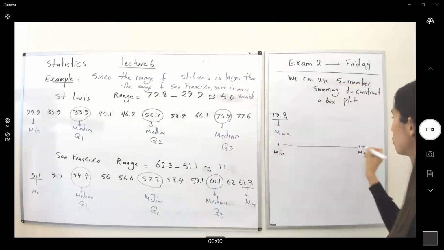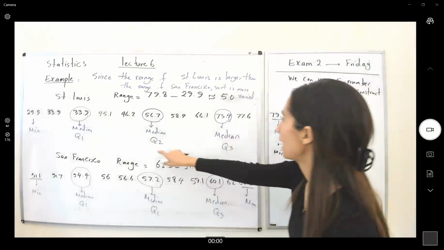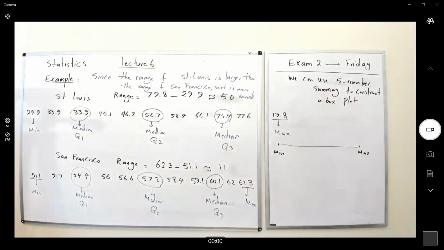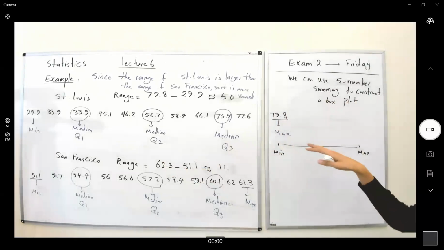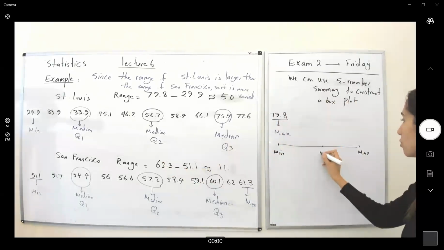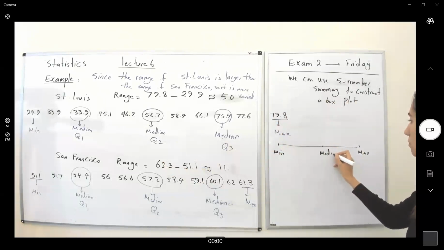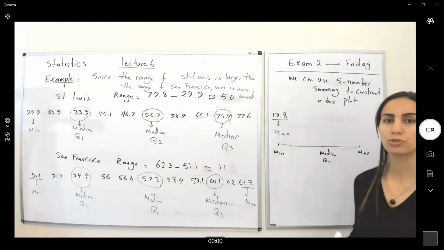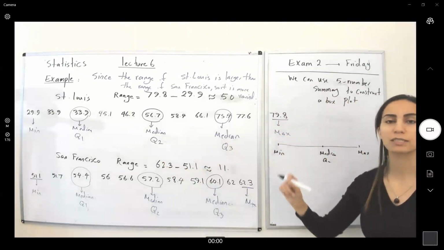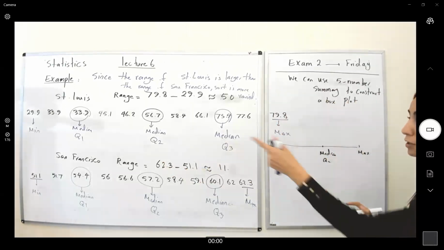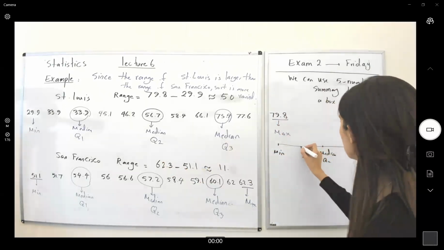Then your median. Your median is actually in the middle, and it's a little bit closer to the right-hand side. But again, this is going to be your median, Q2. And Q1, Q3, those form the sides of a rectangle. So 33.9, it's going to be here.